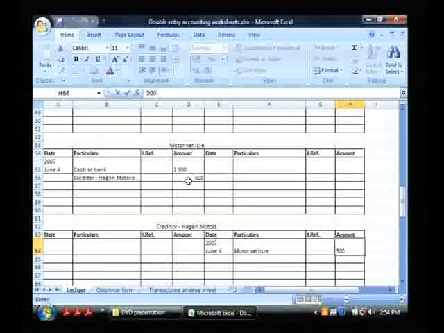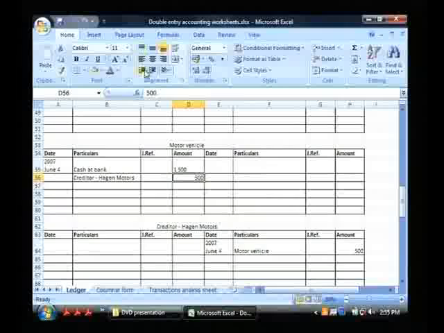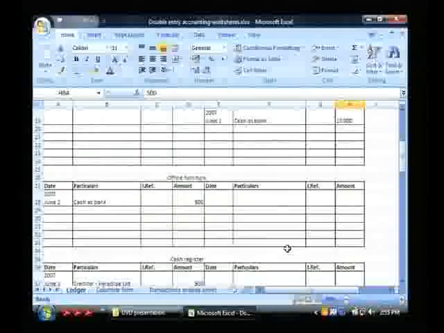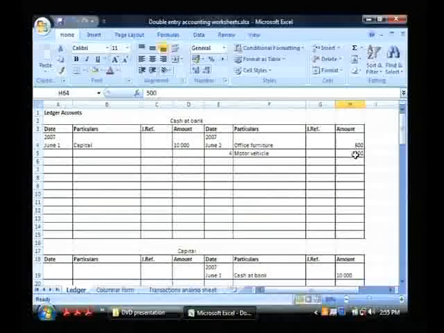Now if you want to analyze this transaction, motor vehicle account 2,000 total, and this 2,000 consists of Hagen Motors credit 500 and cash at bank 1,500 credit.